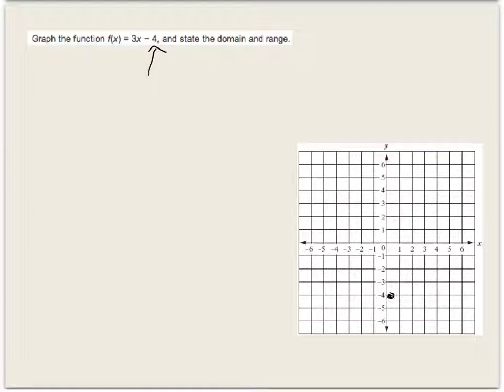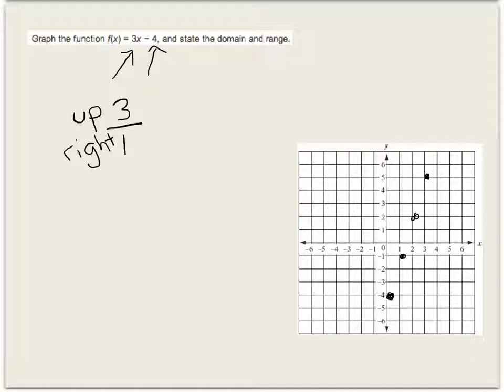So I'm going to go to -4 and make a dot on the y-axis to show my y-intercept. And then 3 is my slope, which tells me that I can go up 3 and to the right 1. So from my y-intercept, I'm going to go up 3 and over 1, up 3 and over 1. I do it a couple times to get as nice and accurate as a line.